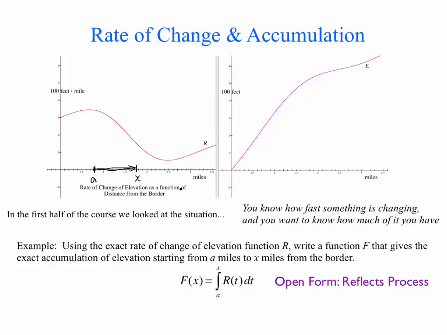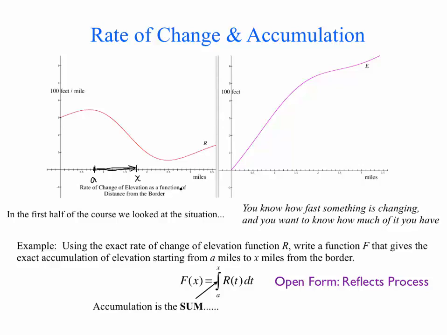Open form reflects process. This is open form because that integral, German S, stands for sum, right? So that's S for sum. What is it we're summing up? Yeah? You're summing up each moment of rate of change.